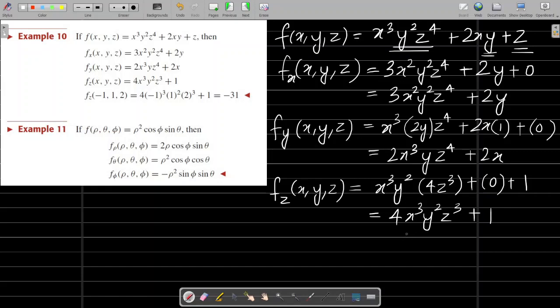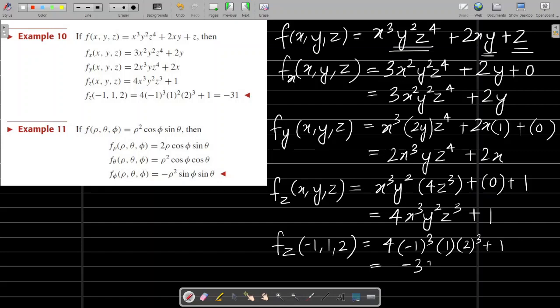Now if you are asked to find, say, fz at some specific point, say minus 1, 1, 2, you just have to substitute x equal to minus 1, y equal to 1, z equal to 2. So the answer comes out to be 4 into minus 1 cube into 1 into 2 cube plus 1. So you will have 8 into 4, so 32.